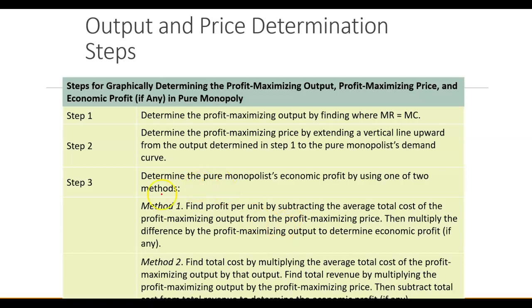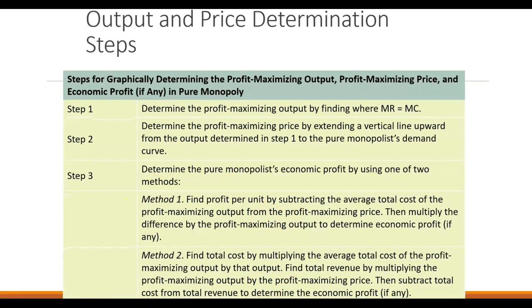So here are the steps for determining your output. Please follow them. I think that would be helpful for you later on. First, find the profit maximizing output by finding out where marginal revenue equals marginal cost. Then, determine the profit maximizing price by extending a vertical line upward from the output determined in step 1. And determine the pure monopolist's economic profit by using one of the two methods.